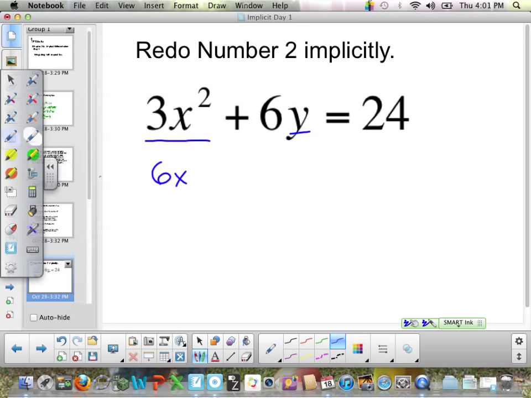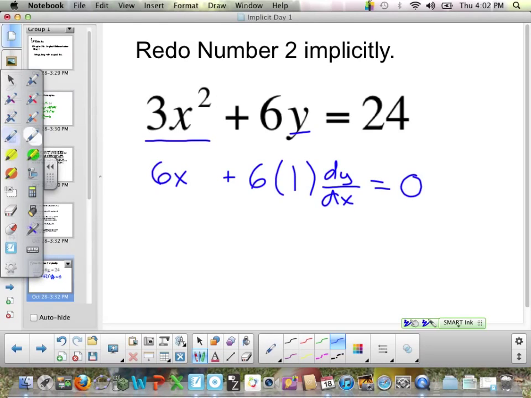Since it's y, not x, it's going to be implied that there's a function inside there that contains x, and we're going to apply the chain rule. So it's going to be 6 times the derivative of y, which is 1, and then the derivative of the function inside of y, which we don't know, so we just call it dy/dx, equals, and then the derivative of 24, that's a constant, so that's 0.